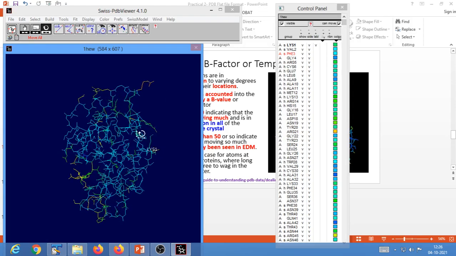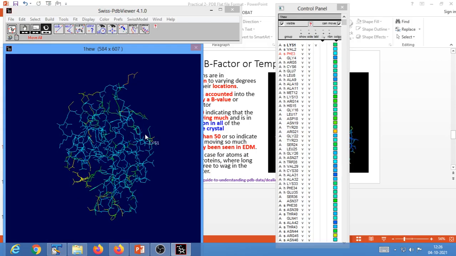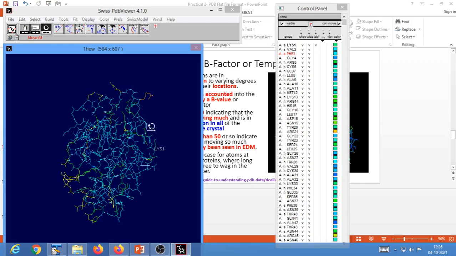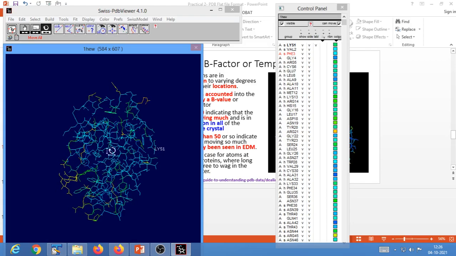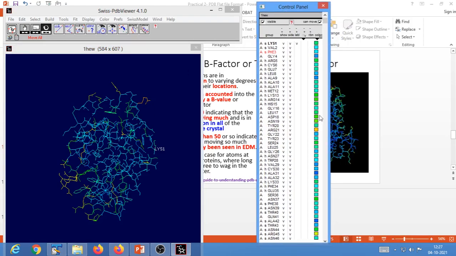As you can see, the atoms in the core of the protein are in the shade of blue, while the atoms on the surface of your protein move towards the shade of red. And the same is reflected over here in your control panel.